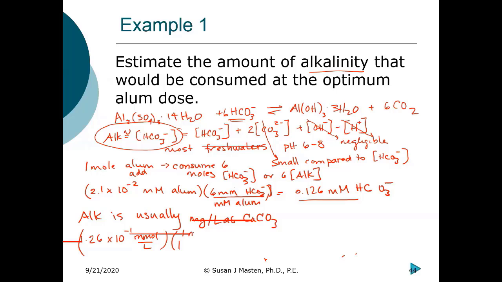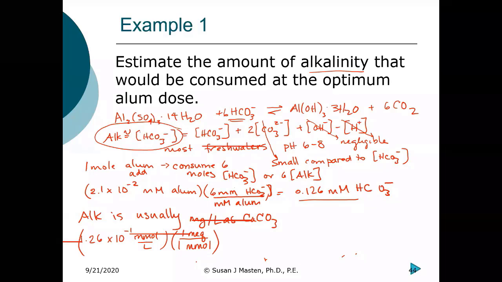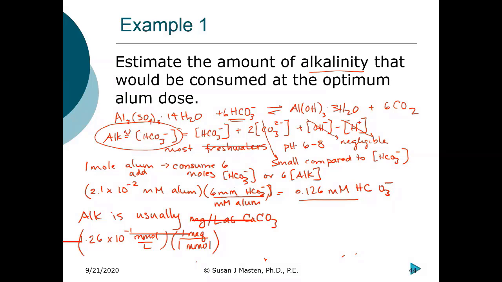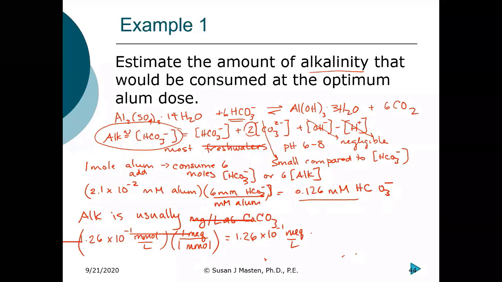There is 1 milliequivalent per 1 millimole for bicarbonate. For carbonate, it's actually 2, and that's this 2 here, 2 milliequivalents per millimole, or equivalents per mole. So we can write this down as 1.26 times 10 to the minus 1 milliequivalents per liter of bicarbonate.